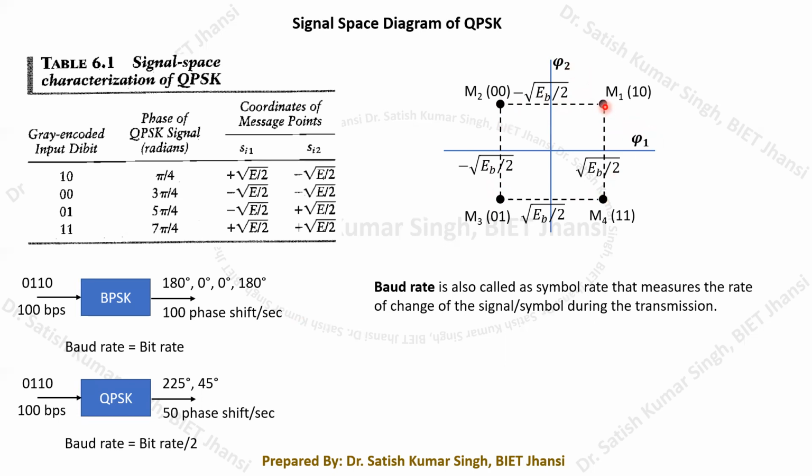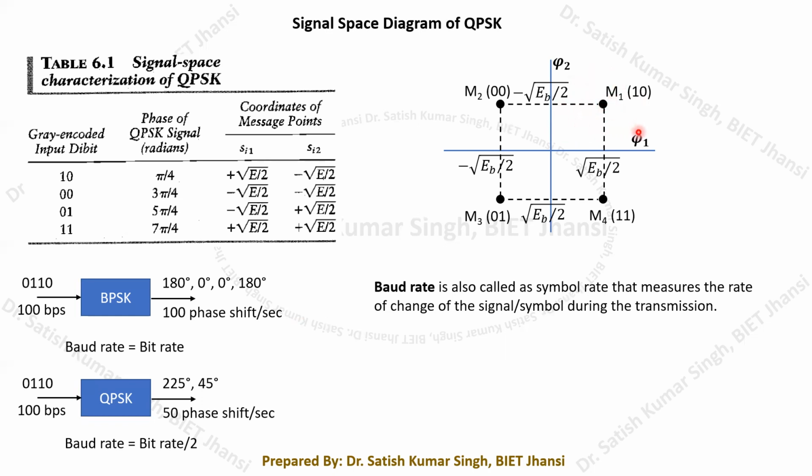Once we send the signal through the channel, because of the presence of noise, this point may go in the upward direction or in the horizontal direction. So it may fluctuate around this point, like this, like this, like this.